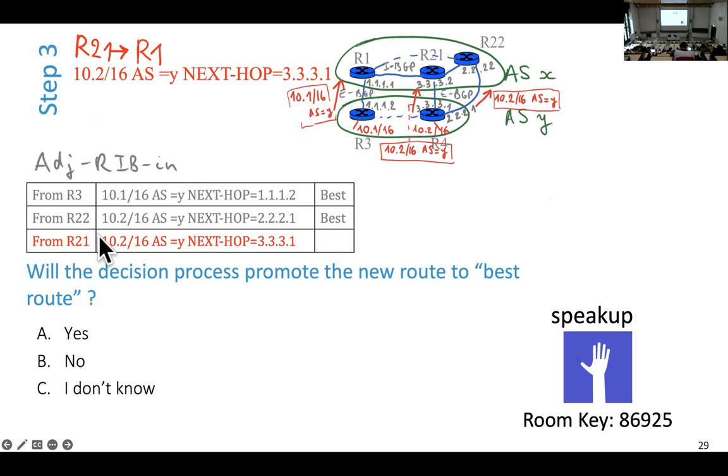I received from R21 a new route to Delta2, and the next hop is 3331. Now, R1 should make a decision, because per destination, we have a set of two acceptable routes. We should pick the best one. And I'm asking you whether this new route will be promoted as the new best route, given the same decision sequence that we have seen before. So I'm opening the poll.